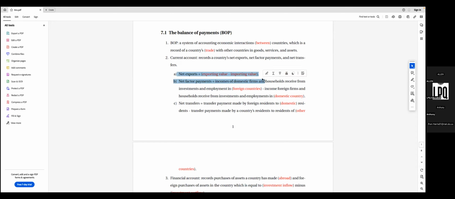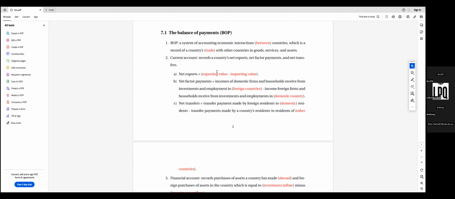The first one is easier because we have learned what net exporting is. Net exporting equals the total exporting value minus importing value. Net exporting can be positive or negative. If you are a trade surplus country, that means money is flowing to Canada.